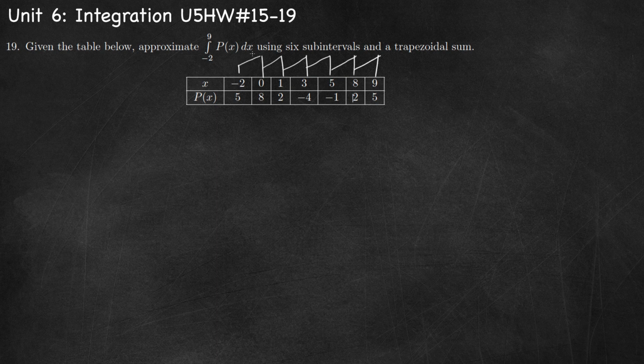Okay, so our widths from -2 to 0, that width is 2. From 0 to 1 is 1. From 1 to 3 is 2. From 3 to 5 is 2. From 5 to 8 is 3. And from 8 to 9 is 1.